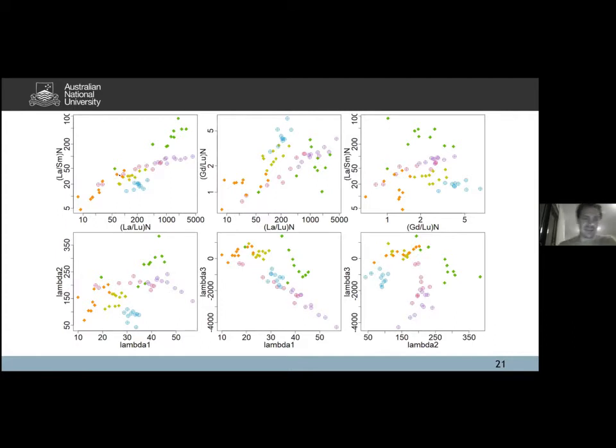But when you look at the lambdas, other than the lambda 1 and lambda 2 plot, which isn't really useful, we actually have a beautiful trend here, and all of those are very separate. So you can plot your new data on this and have a better idea, because there's no overplotting. The lambdas completely distinguish IOCGs from scans, other than maybe an outlier here, which is a very nice thing to be able to do, and it would be very hard to do if you didn't have the method.